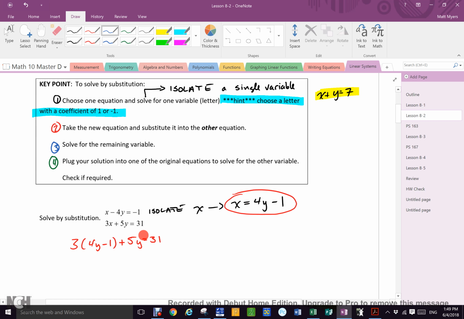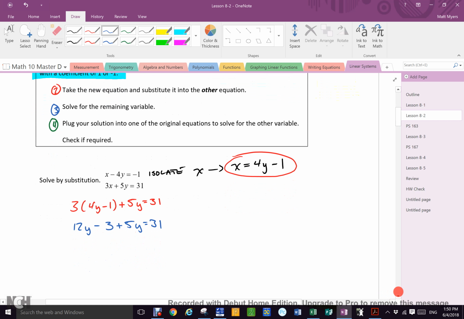If only we had done Unit 4. Wait, we have done Unit 4. We know how to take care of that. 12y minus what? 3 plus 5y equals 31.